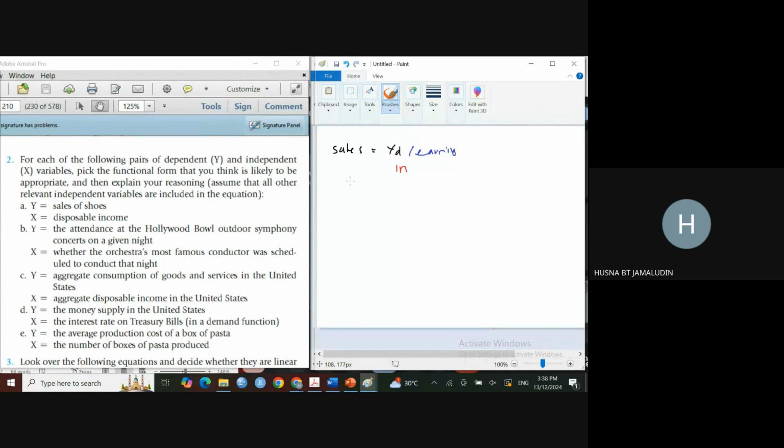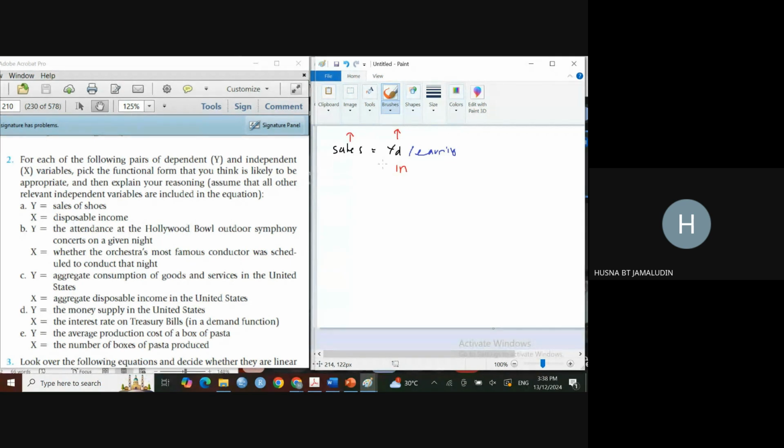Of course, when income increases, sales of the shoes will increase. But does it mean that when your income increases by 100%, you will buy 100% more shoes? No, the increase is not the same. You will buy the shoes, but not so much like the increment in your income.